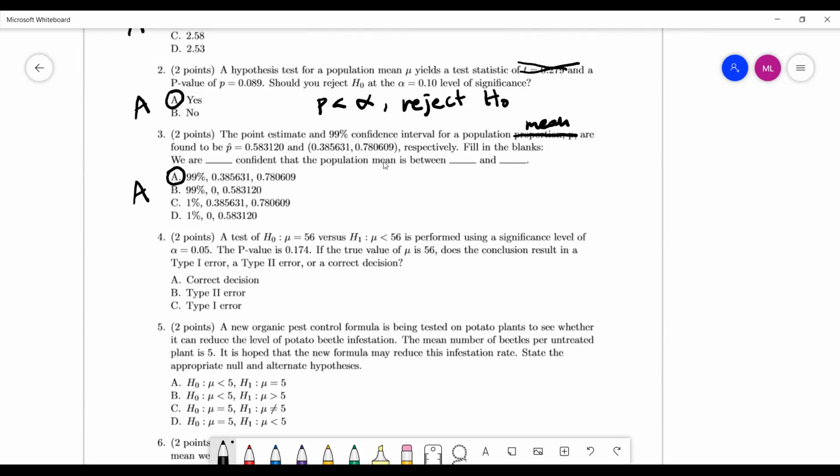So in that case, the confidence level tells us how confident we are that our answer is right. And then the actual bounds of the confidence interval are the interval where we think whatever we're trying to predict, in this case, a population mean, lives between those two numbers. So that is the idea.